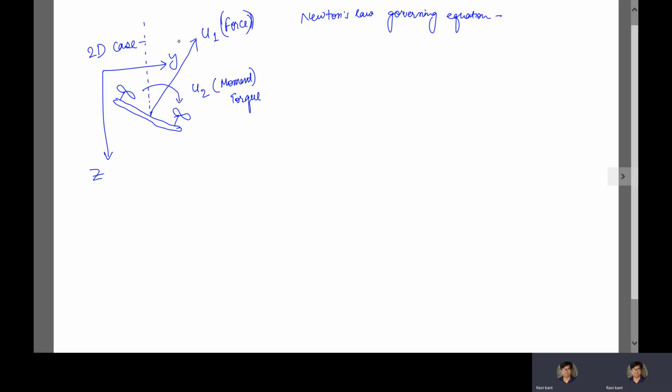We can actually break up this linear force. We apply Newton's law in linear form, which states that the summation of all the forces gives mass times acceleration. The second equation is the summation of all the torques, which is nothing but I times alpha, the angular acceleration.